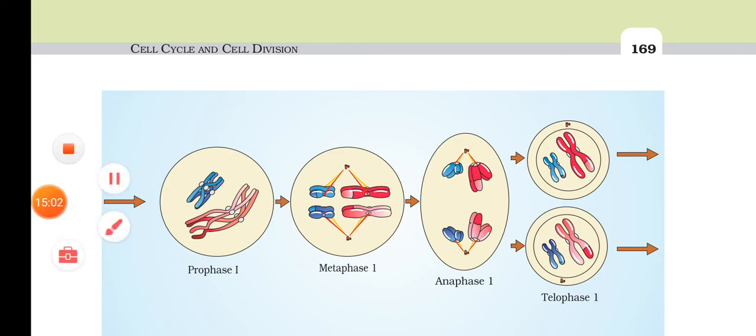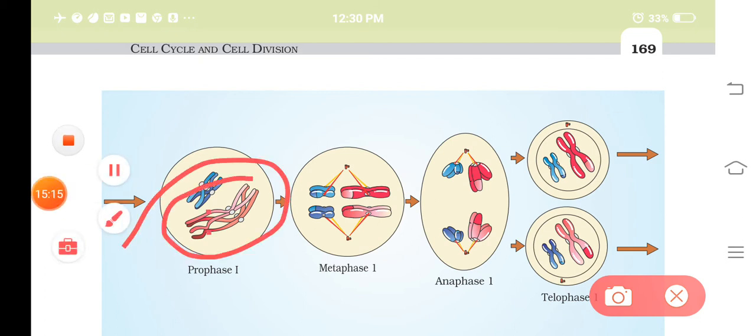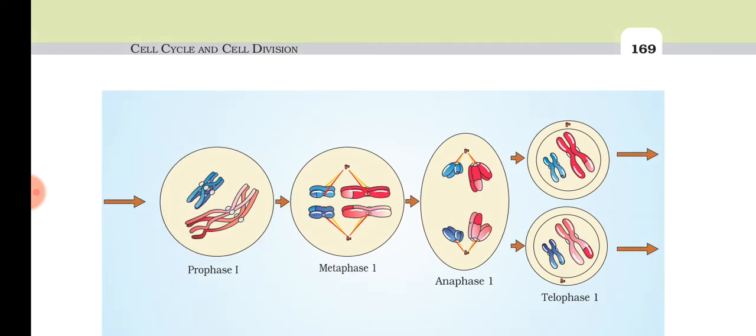Yes, here you can see that this cell was having what? Two pairs of chromosomes, meaning 4 chromosomes were there in this particular cell. After they undergo meiosis 1, they were divided into 2 cells having what? 2 chromosomes each. Here the chromosomes are shown in blue color and red.